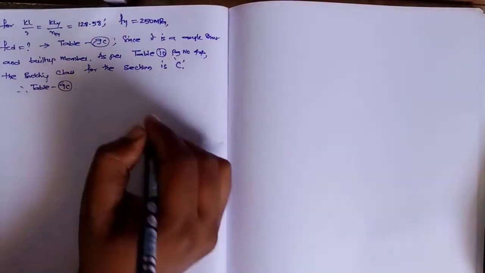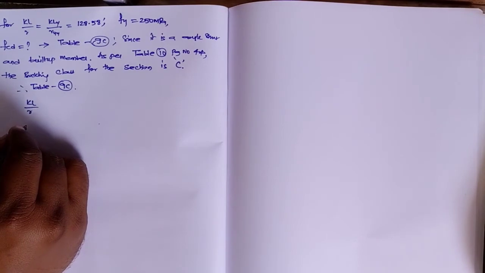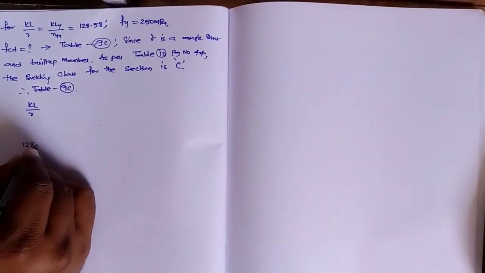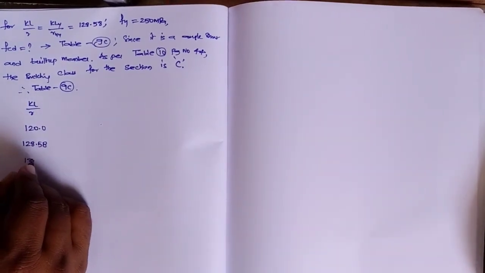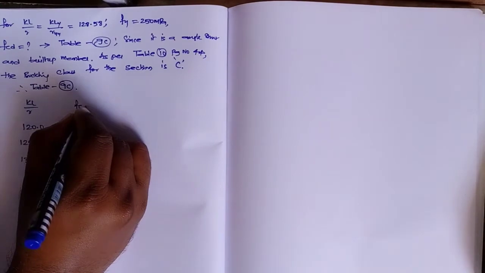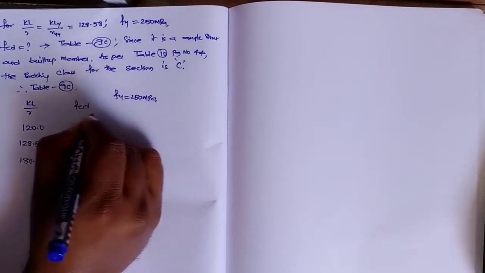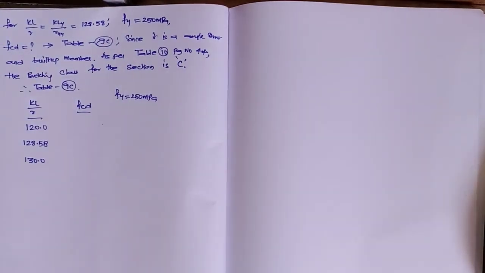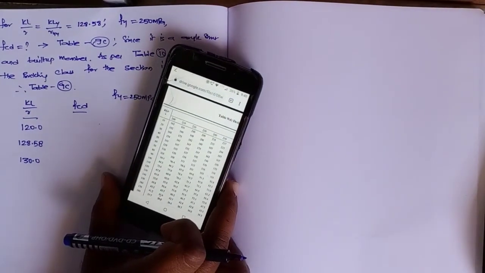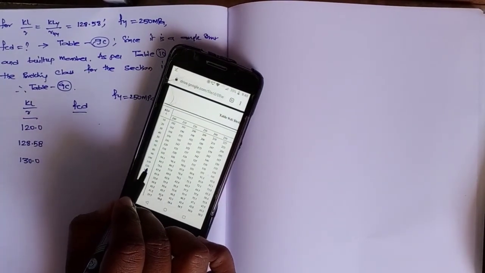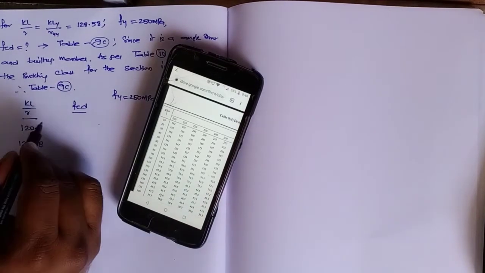Now when KL by R equals 128.58, it lies between 120 and 130. For fy 250 MPa, what is the FCD value? In table 9C, at 120 it is 73 and at 130 it is 65.2.